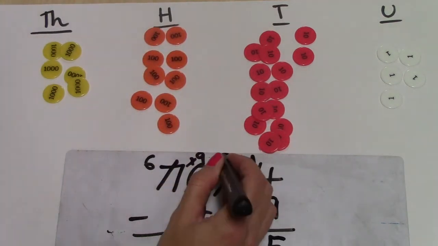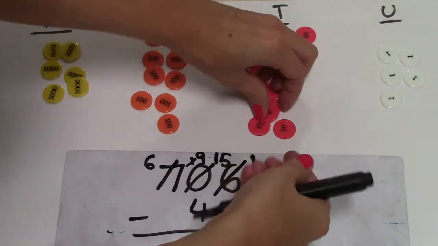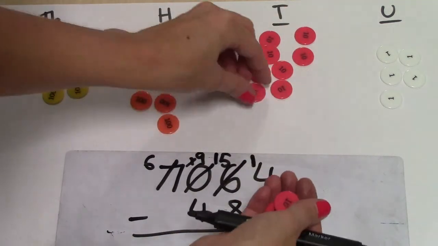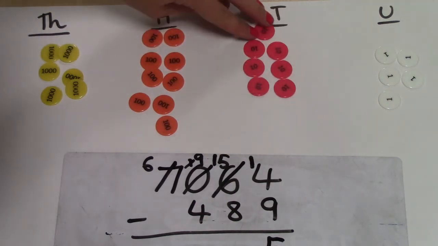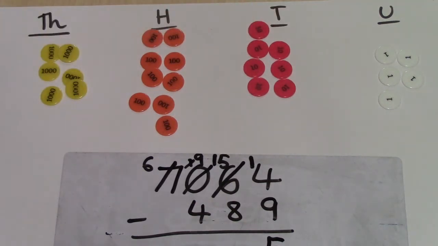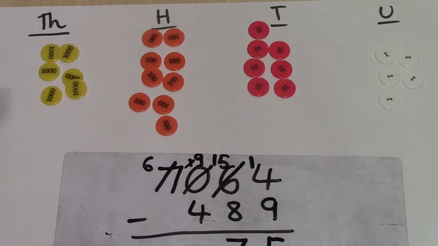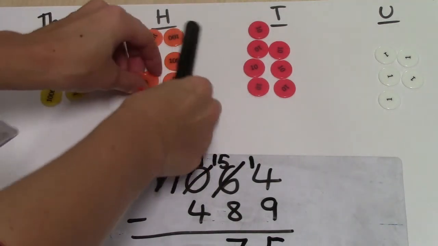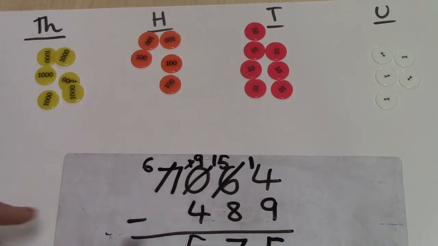Okay, so now I've got 15 tens, I've got 150 there, and I can easily take away 8 of my tens, and that leaves 7 tens. Now I've got 900, and I need to take away 400. 1, 2, 3, 4, and that leaves me with 500.